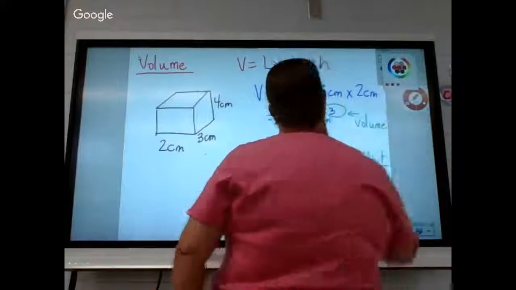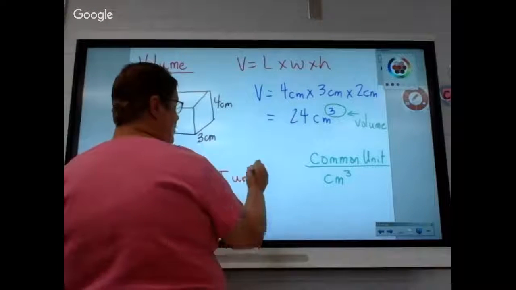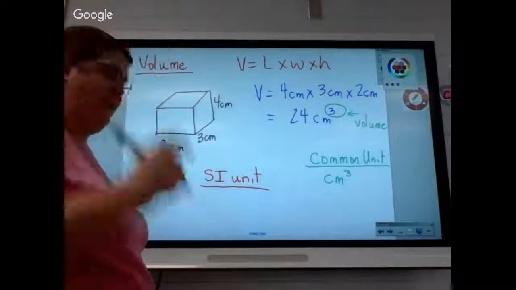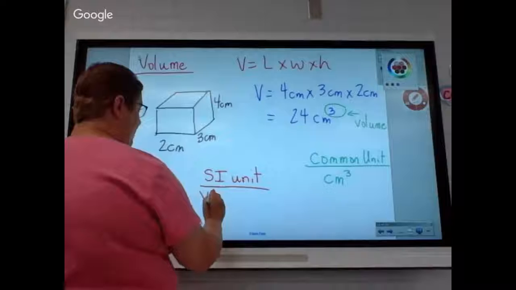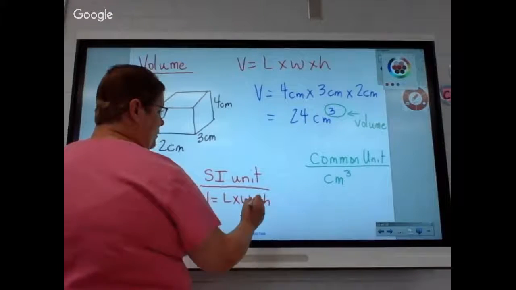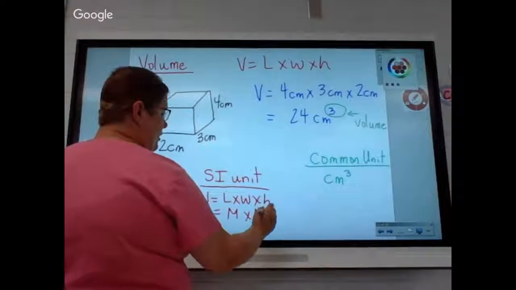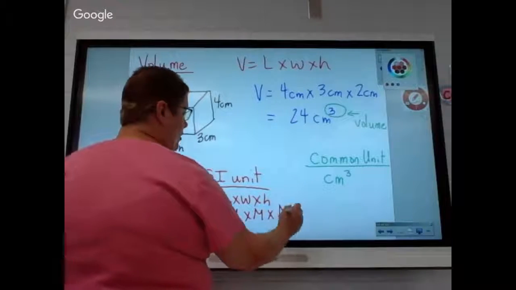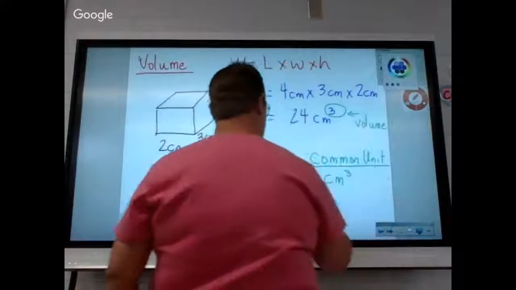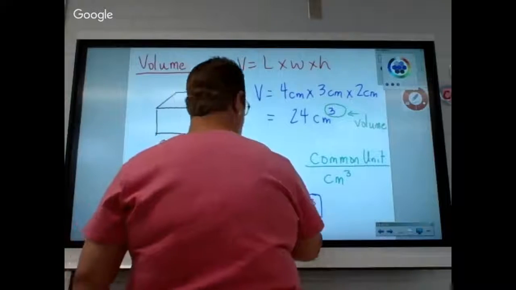So what does that make the SI unit for volume? Very good, Andy. Volume is length times width times height, so it's meter times meter times meter, which is meters cubed. This meter cubed is the SI unit.